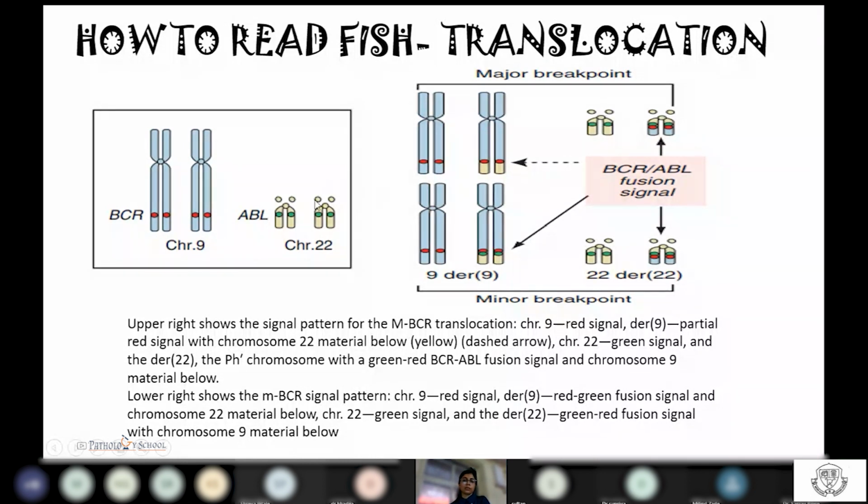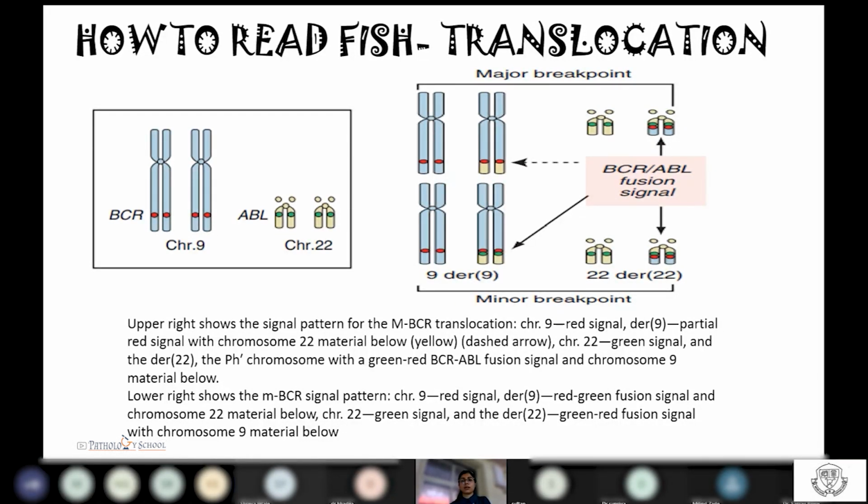Now only concentrate on chromosome 22. What happens in a major breakpoint is that in chromosome 22, the break occurs below the green probe, or below the green signal.